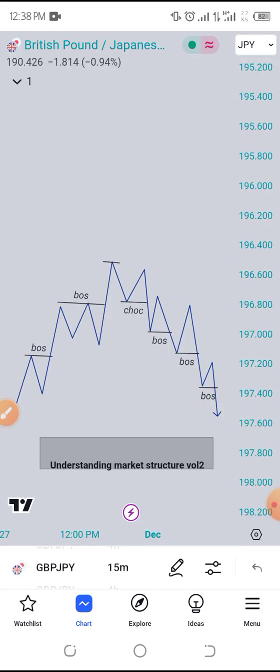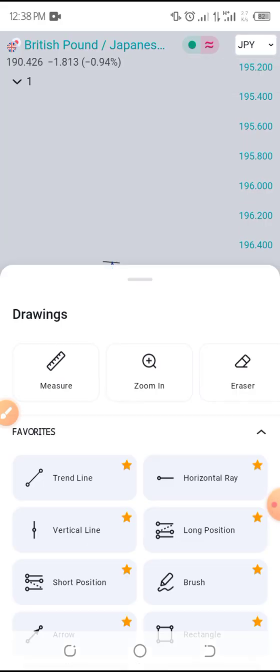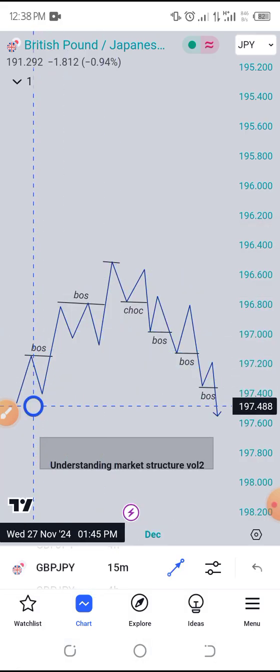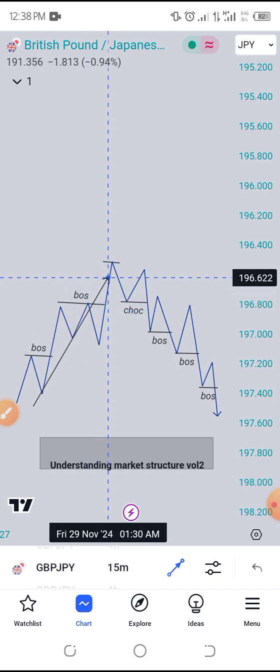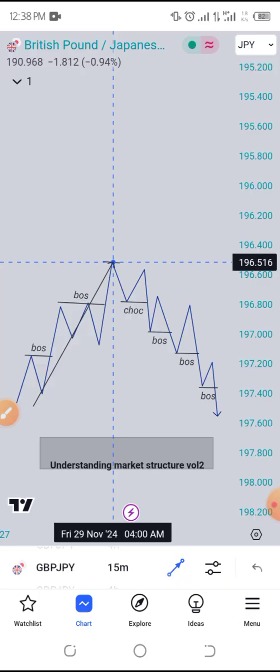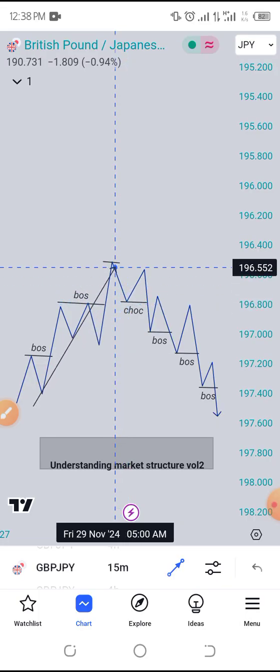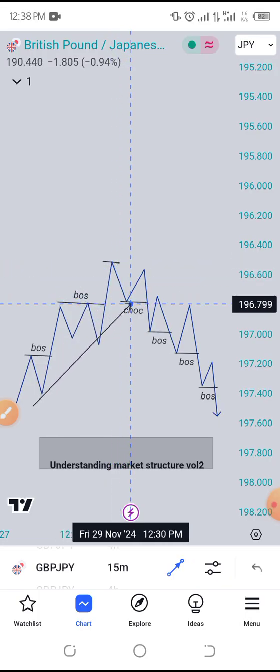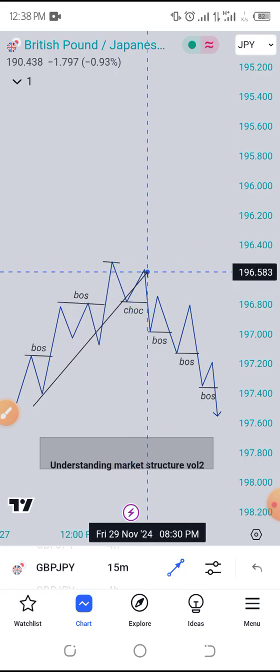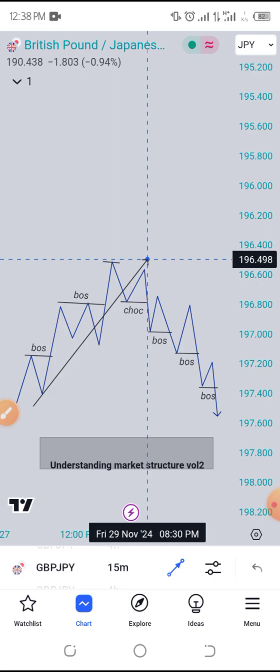So let's assume, guys, that the market was in an uptrend, as you can see right here. The moment you see that the market retraces back from a new high that has been formed and could not break above this high, you start watching out for a possibility of a reversal.